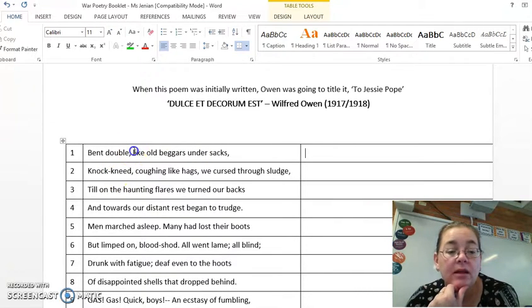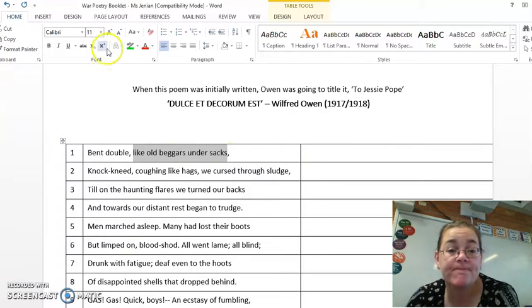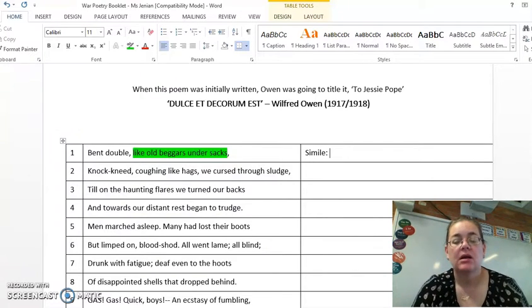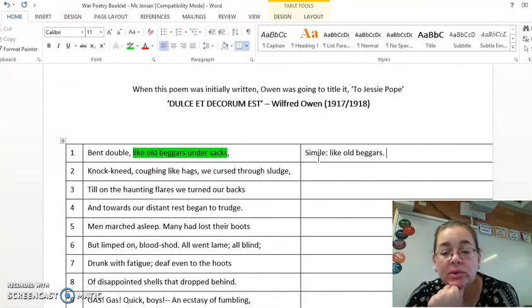So, first thing we can have a look at is like old beggars under sacks. So bent double like old beggars under sacks. Obviously that's the simile. If I was really organised, I'd give this a colour scheme, but I haven't really thought about it. So simile, like old beggars. So bent double.